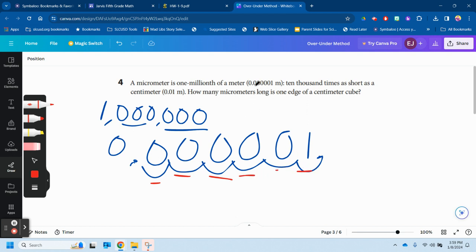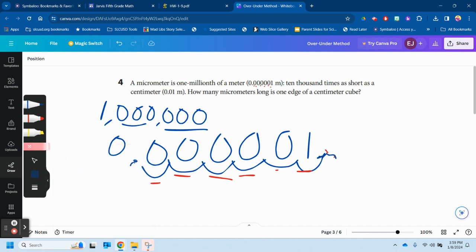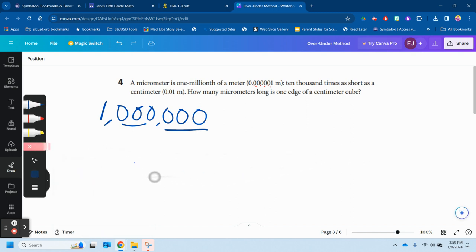Same here. 1, 2, 3, 4, 5, 6 is 1/1,000,000th of a meter. We haven't even talked about millionths of a meter. Okay. So that's how they got that. So now let's say a centimeter is 1/100th of a meter. Let me write that out.